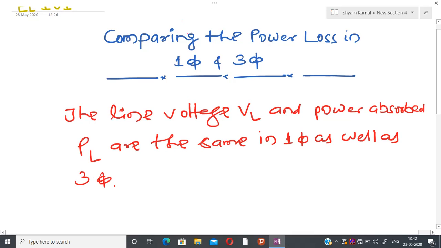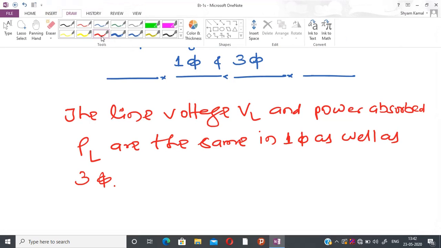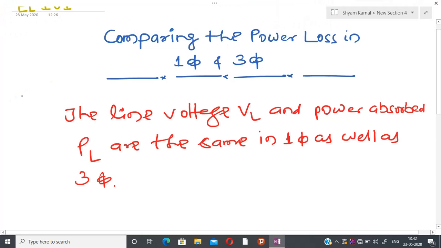So in order to do the mathematical comparison, first I have to make several assumptions. So this is the first assumption.